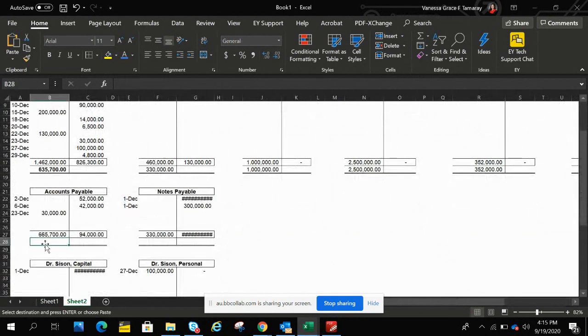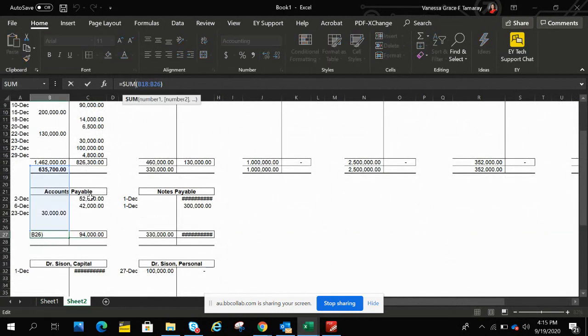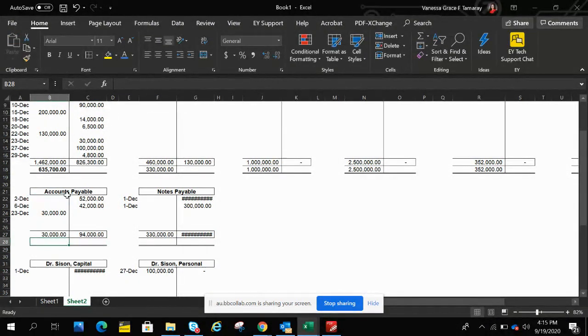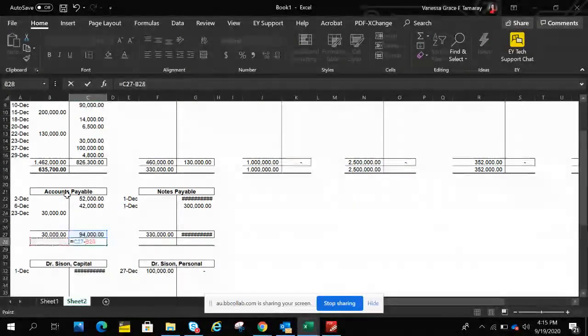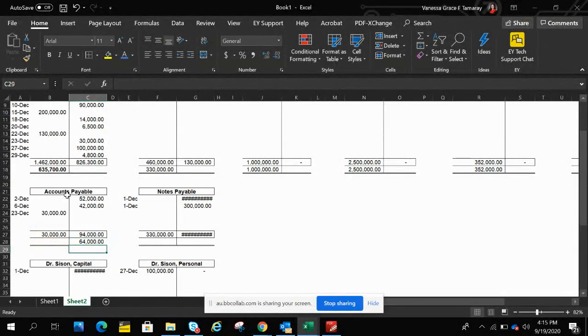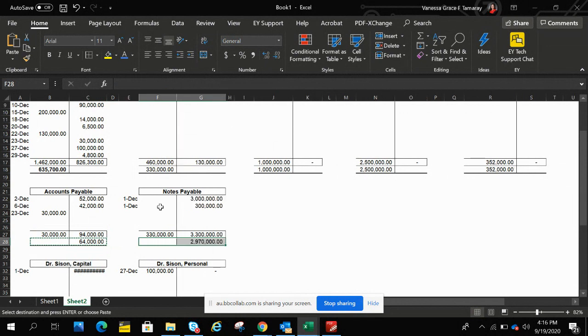About accounts payable. And then, ending balance is dapat sa credit side kasi normal balance credit. So, 94 less 30, 64,000. The same with here. Dapat mas malaki si credit side.